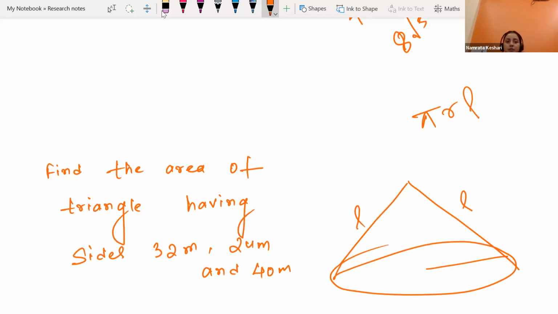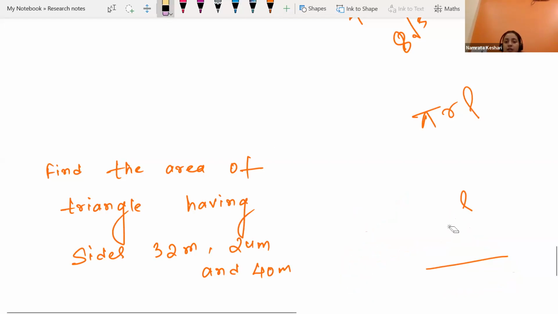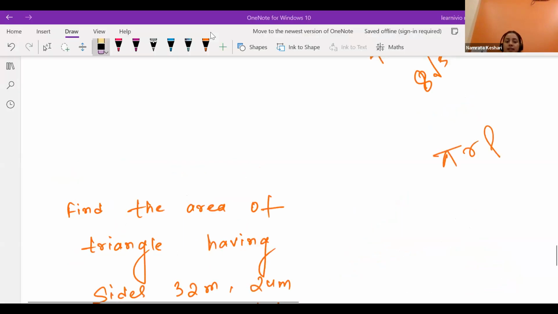Please find the area now. Before that, let me check, do you have the figure? Sarah, you are also there. Sazia, you are there. Safia, you are there. Tejas, you are getting it, right? Figure you can draw, Tejas, but basically we need to find the area by using that formula.